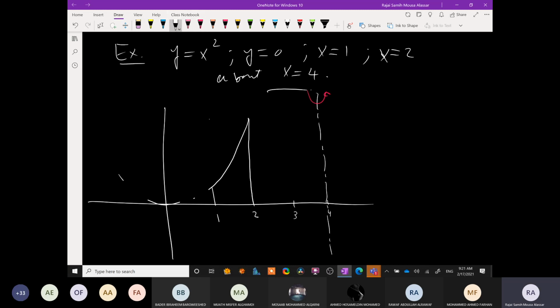Let's look at this. If this rotates, this point here, where should it be? At 6, isn't it? If this rotates, it is going to look like this, and this is going to be at 7.